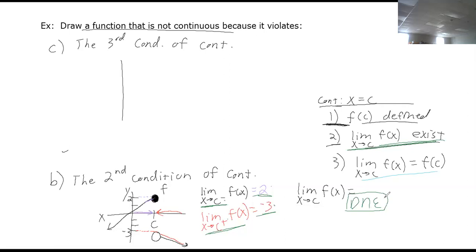All right, well, I'm going to draw my coordinate plane, x-axis, y-axis. I'm going to draw some c value over here. Now, I need to draw something where the limit as x approaches c is not equal to f of c. Well, I could do this. Let's say I put 2 right here. There's nothing magical about the number 2, by the way. I just keep using it for some reason.